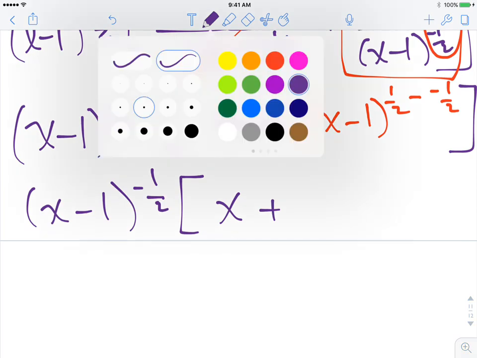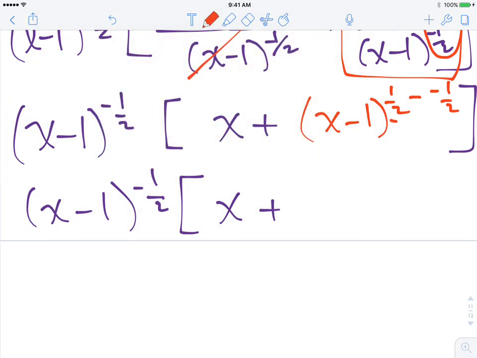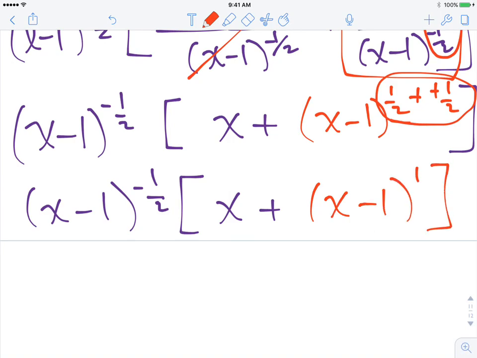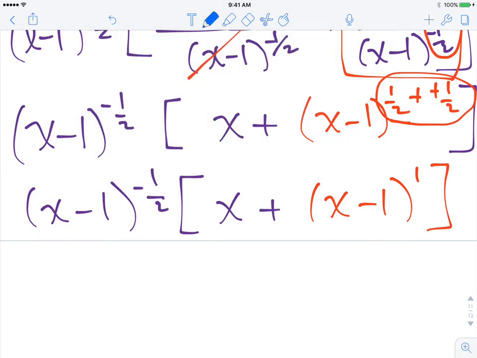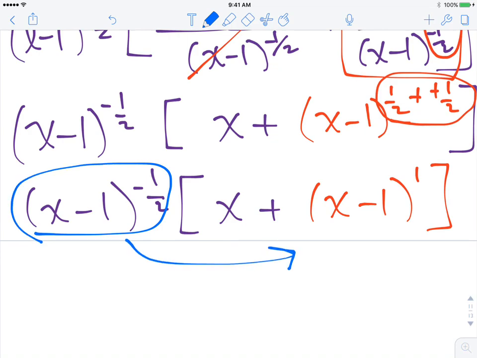So in the red, you're going to simplify that fraction: 1/2 minus negative becomes a plus. So 1/2 plus 1/2 is 2/2, which reduces down to 1. All right, last step is to move that x minus 1 to the negative 1/2 down to the denominator.